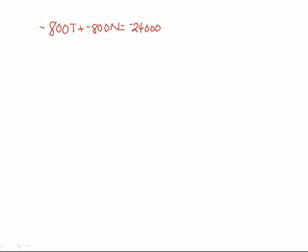Okay, and then the other equation that I was working with was 800T plus 300N is equal to 18,000.